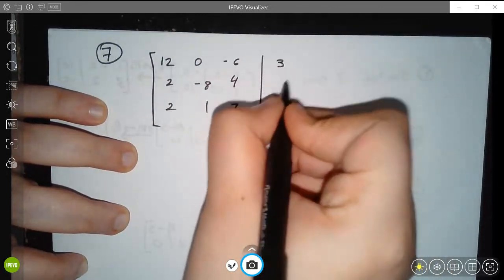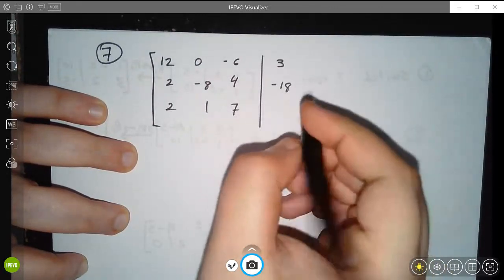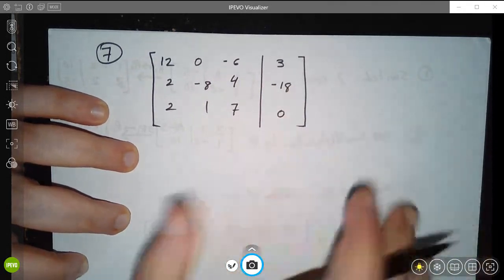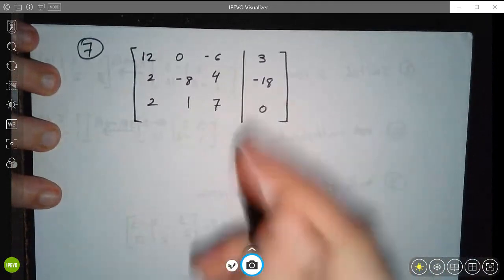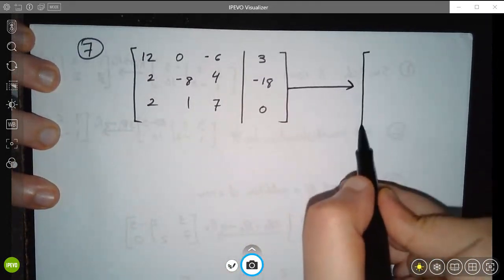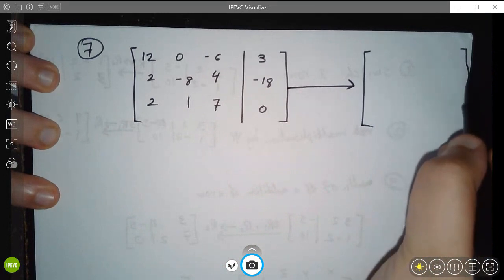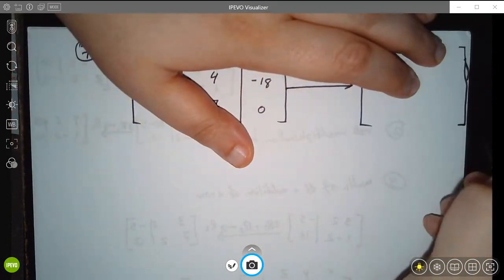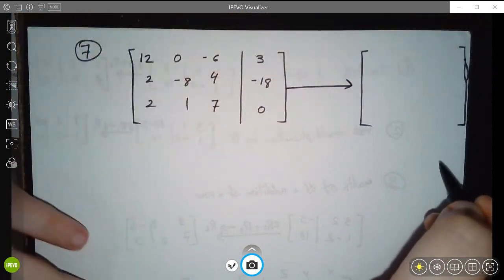Answer line, you get 3, -18, and 0. Okay, so here's my matrix. Operation arrow, new matrix. Oops. Apparently I can't draw a straight line.